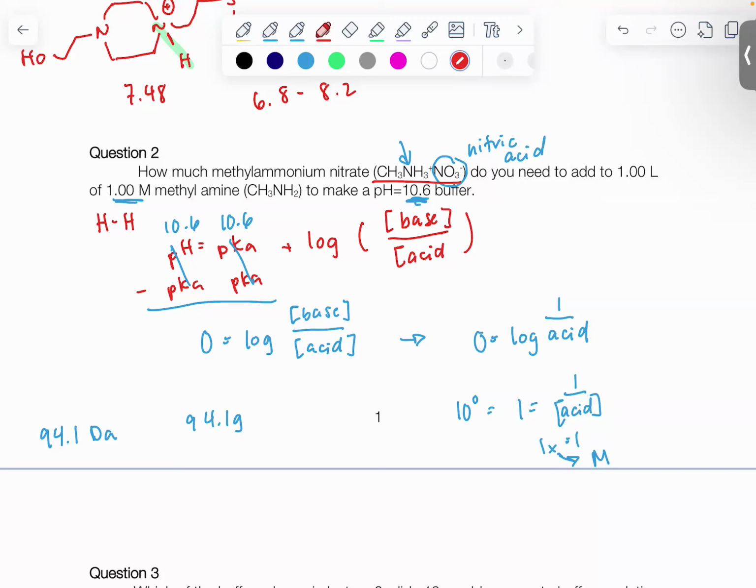I simplified this. I renamed acid as X. You multiply both sides by X, which evens out on this side, and so you have 1x equals 1.